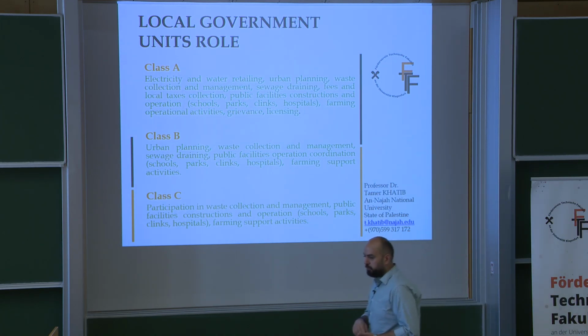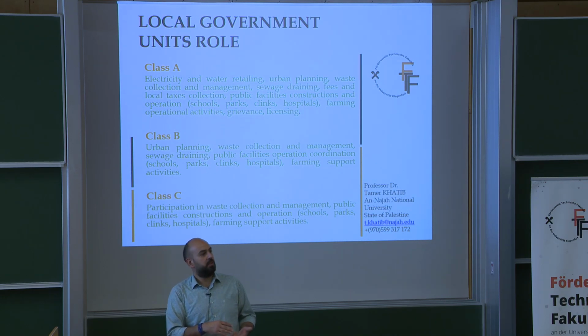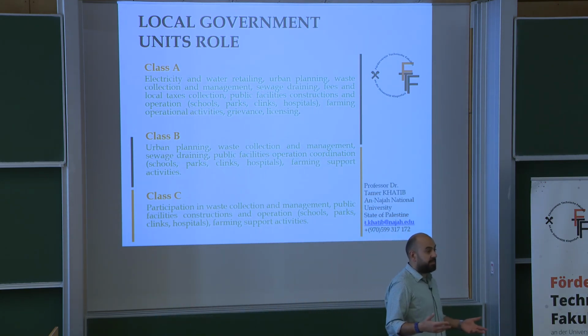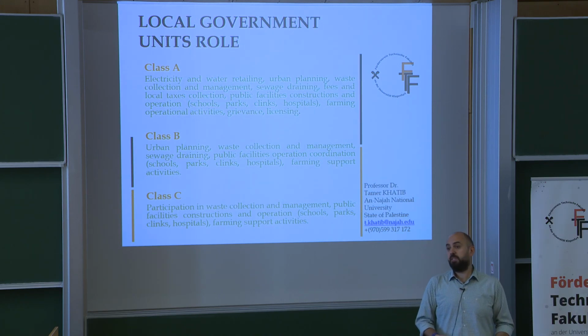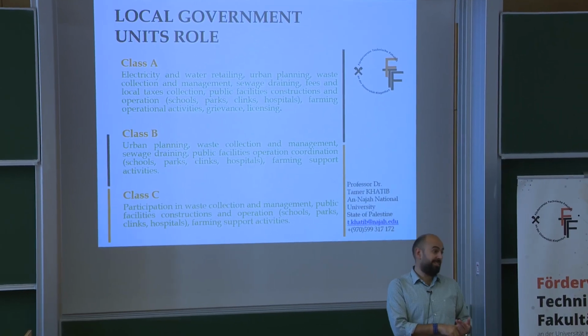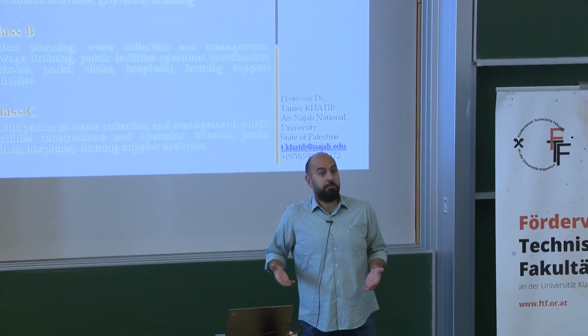They receive the water from the main network and then retail the water to the people by smart prepaid meters, by normal prepaid meters, whatever. They're also responsible for collecting waste, management of this waste. They also have the authority to collect some local fees, some local taxes for their own budget, which means that they do have a budget, okay?